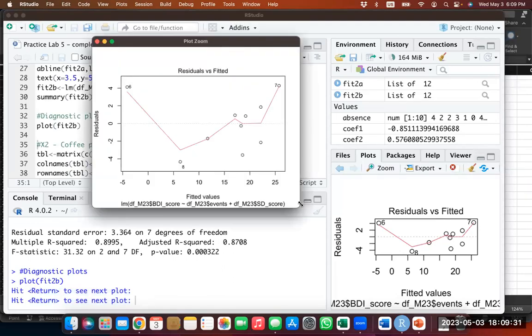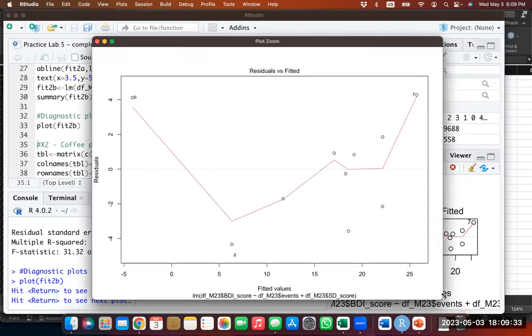Why are these relevant? Because you need to understand the distribution of your residuals, and you need to understand how your fitted values, these are your fitted values of your depression score, actually change across the entire range of data. And why is that important? Anybody an idea?